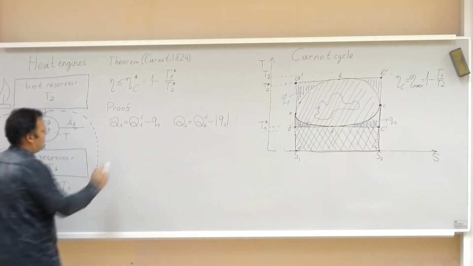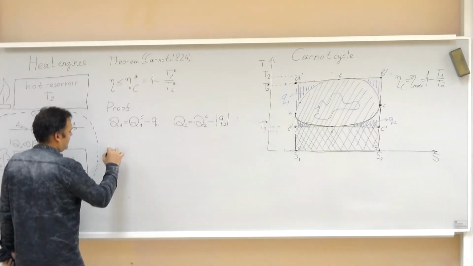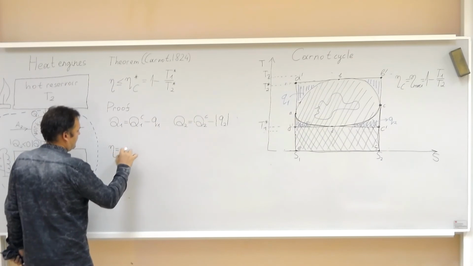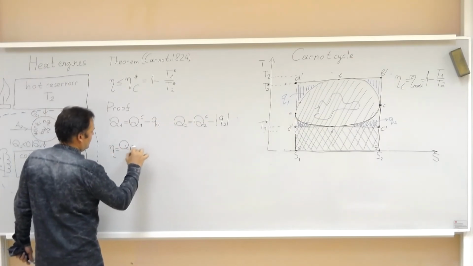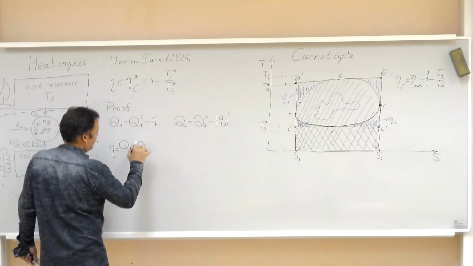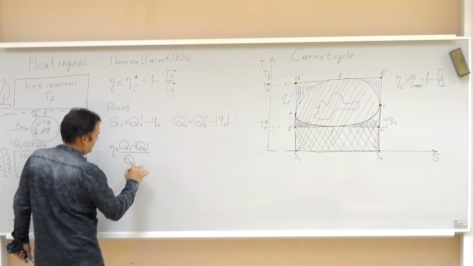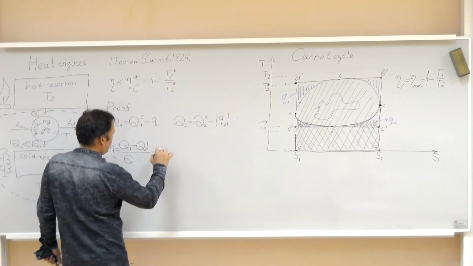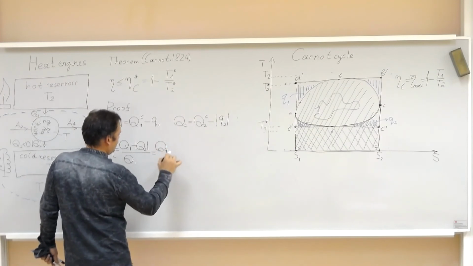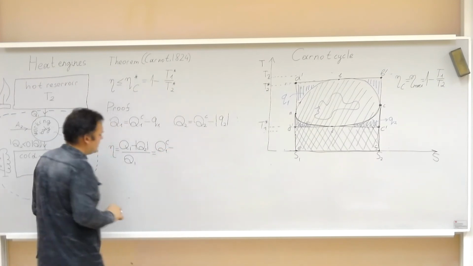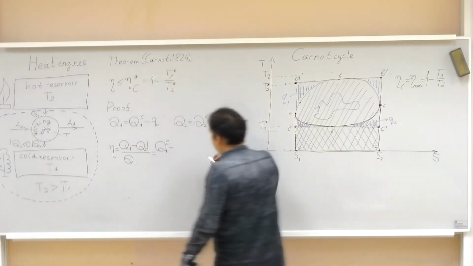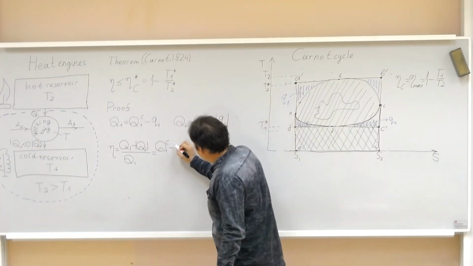And let us now compute the efficiency. Q1 minus the absolute value of Q2, divided by Q1. Here I put Q1 Carnot minus Q1.